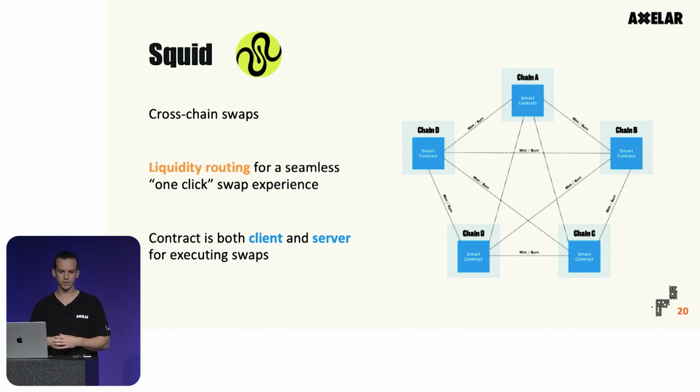It's going to execute a swap for me on Ethereum via Uniswap maybe. Then to get USDC, it's going to send USDC or any other transfer asset to Avalanche. Then the Squid contract on Avalanche is going to receive that message, and it will contain the instructions: I now want to swap this for Avalanche, and then it will do that swap and send to the user's destination address. So you've got this multi-stage transaction being hidden behind this contract, which is symmetrical across every chain.